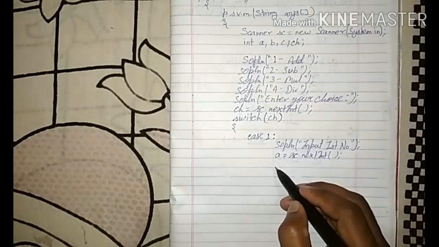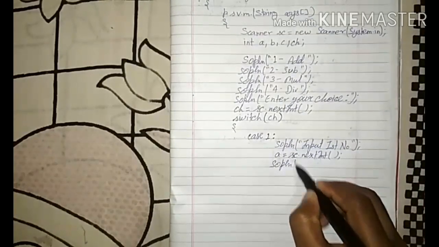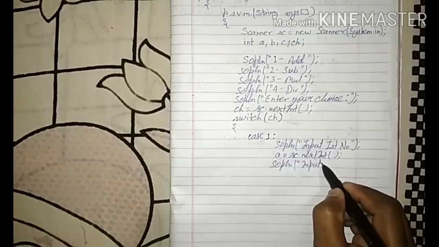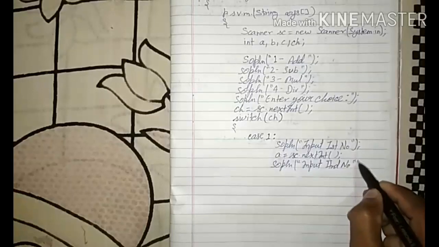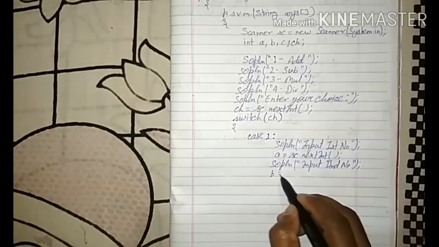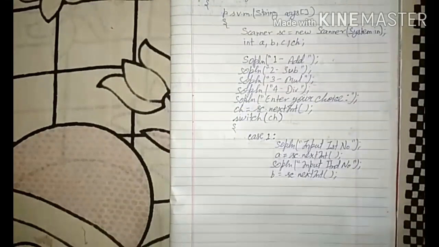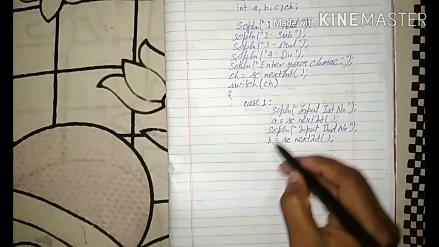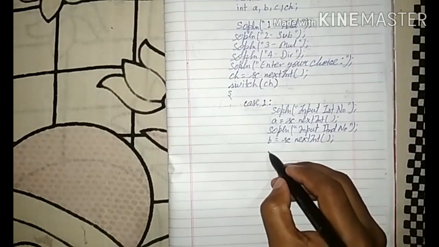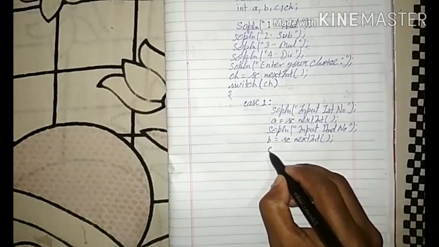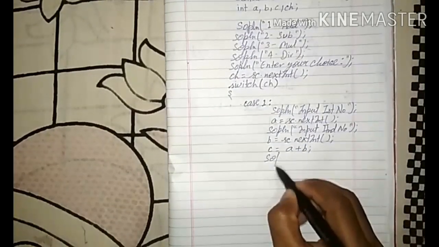And same thing, sopln, input second number, b is equal to sc.nextInt. Now we have our 2 values. After that, just perform the addition operation. So I am writing c is equal to a plus b, and just print the output.